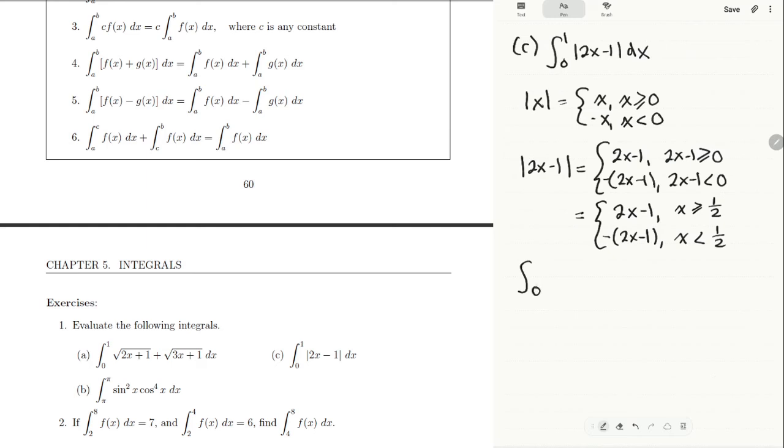into two separate integrals. So if we use the 6 property, we can write this as the integral from 0 to 1/2 plus the integral from 1/2 to 1.